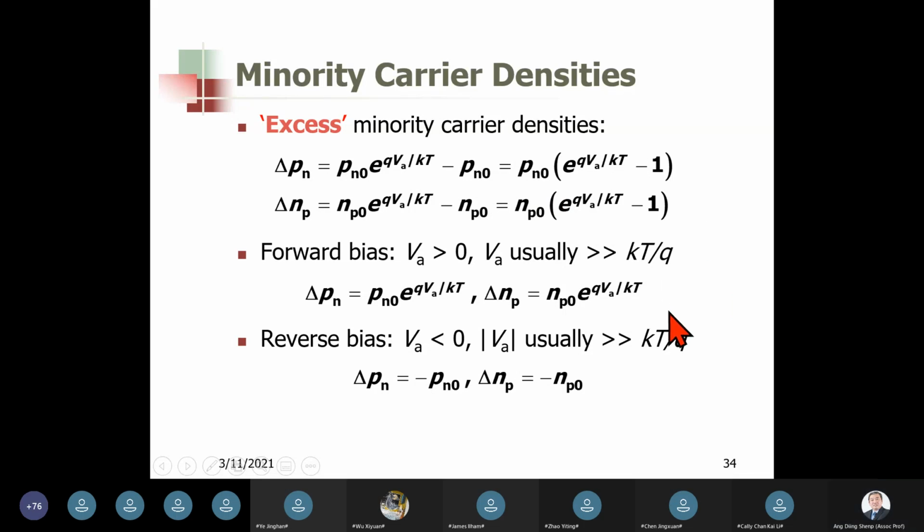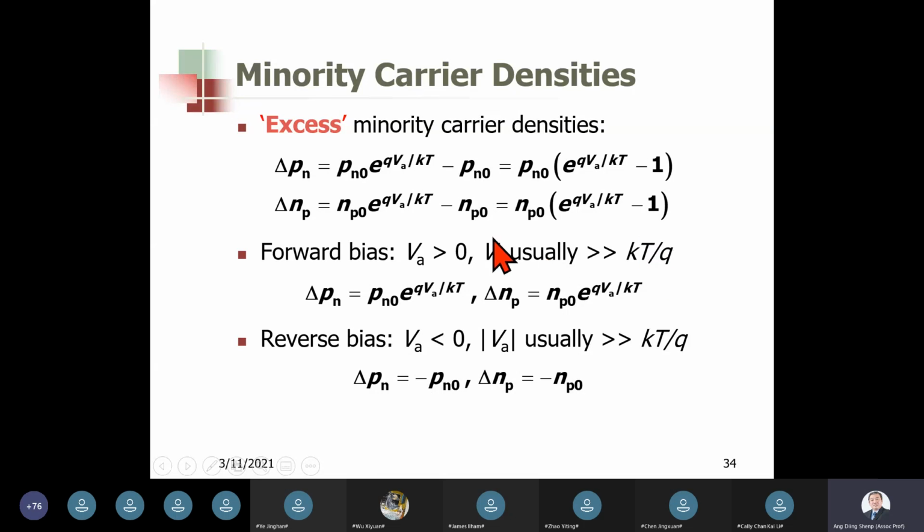Now, along the way, you can make more assumptions. For example, if you consider forward bias, where VA is bigger than 0, and for forward bias VA needs to be much bigger than kT over q. If you recall, kT over q has a value of only 26 millivolts at room temperature.